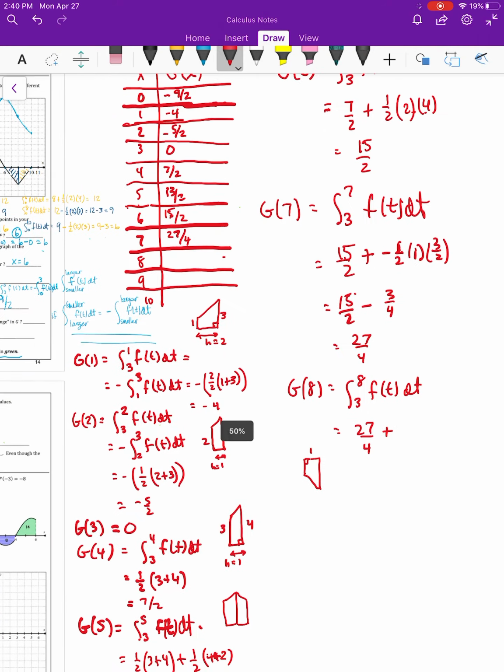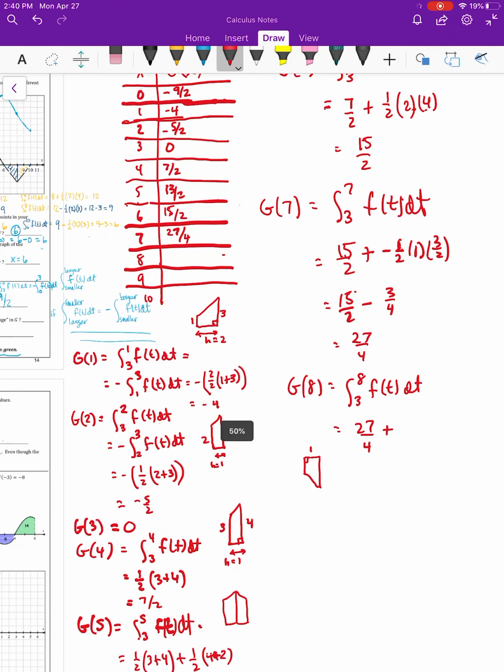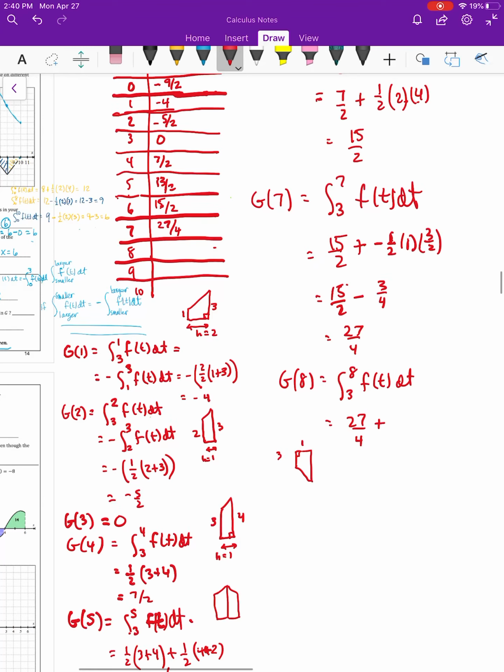That's your height. And then at 7, you have 3 halves. And at 8, you have 1, 2, 3. You don't want to do negative, even though we're going to add on a negative, but when we're calculating the area, we want to do it as a positive. Just because it gets too confusing, I think.